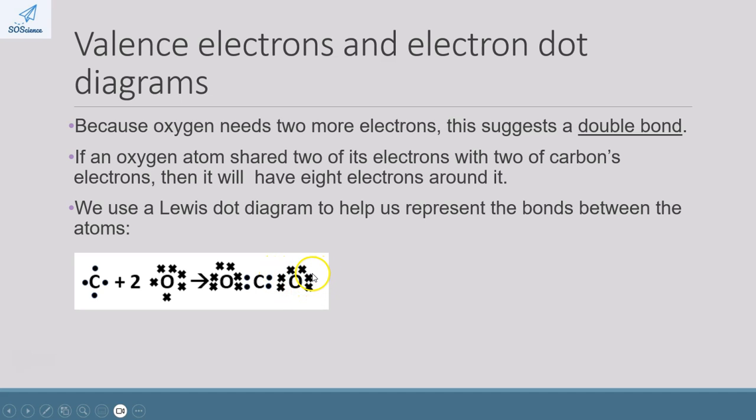So one pair goes here, and then the second pair goes either at the top or at the bottom. That means you shouldn't place a pair at the top and a pair at the bottom. One pair should move as far away as possible from the bonded pair. Same applies to this side over here.